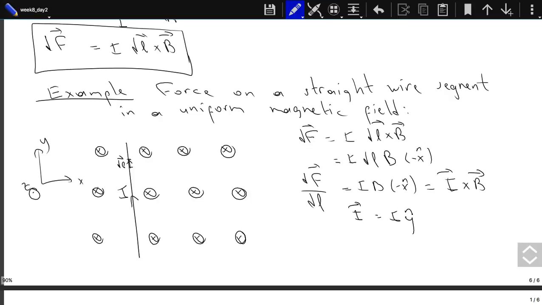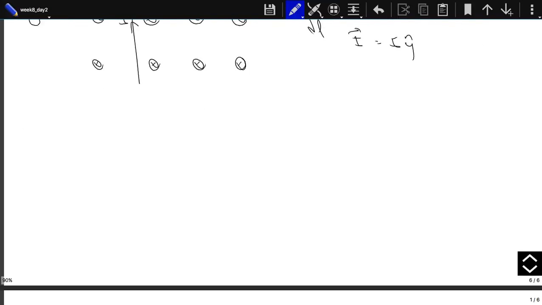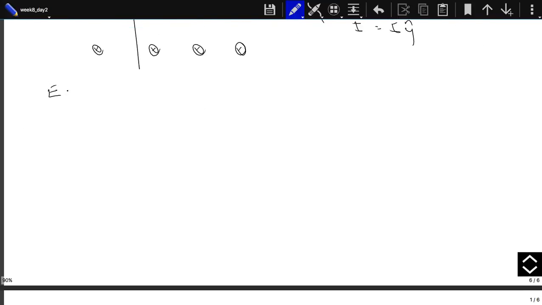Now I will be using this result in another example. Let's imagine we have a rectangular loop.